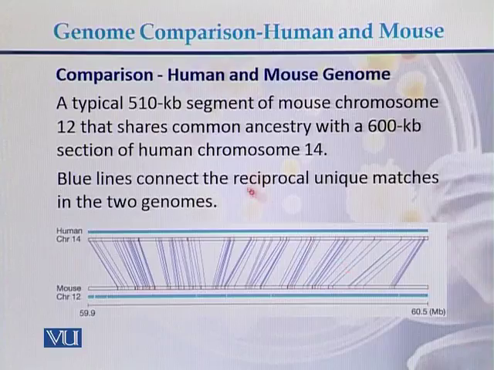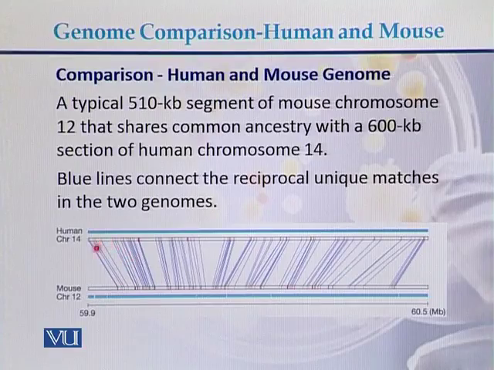A typical 510 kb segment of mouse chromosome 12 shares common ancestry with a 600 kb section of human chromosome 14. So this is human chromosome 14 and this is mouse chromosome 12, and the blue lines connect the reciprocal unique matches in the two genomes.